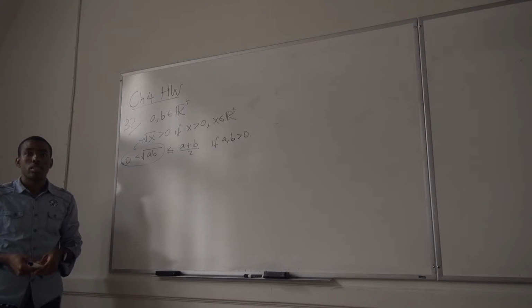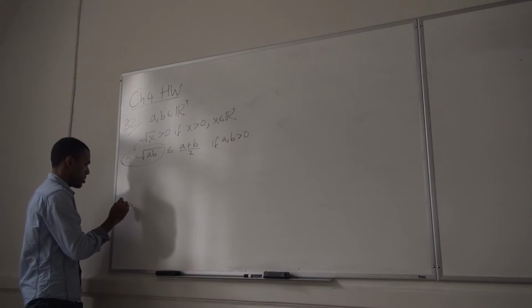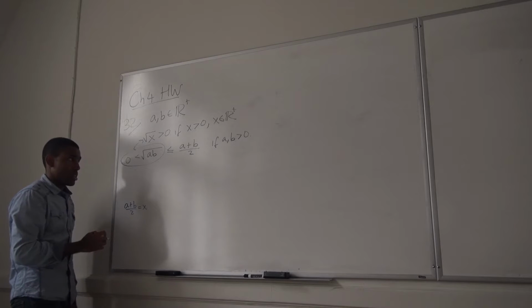What did you try? I set a plus b over 2 equals x. Then I took some number y such that a minus b over 2 equals y.